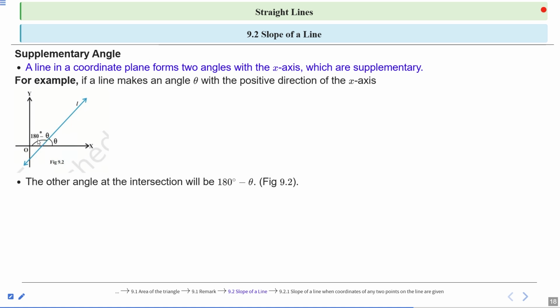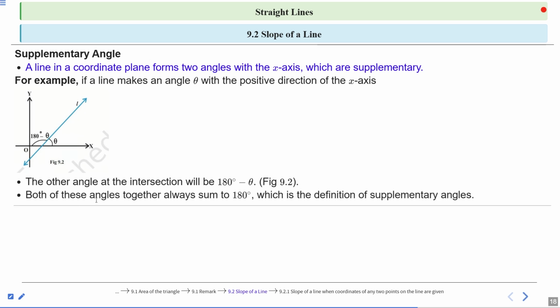So 180 degrees minus theta and theta are called supplementary angles. Both of these angles together always sum to 180 degrees. Keep this point in mind.